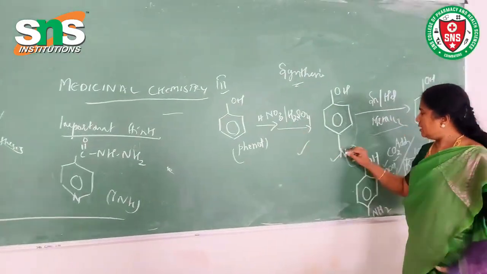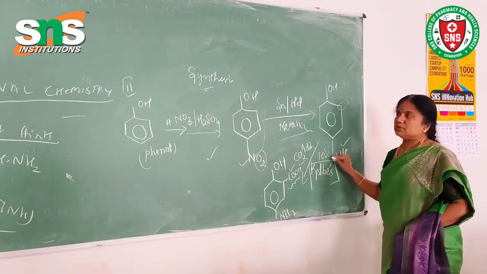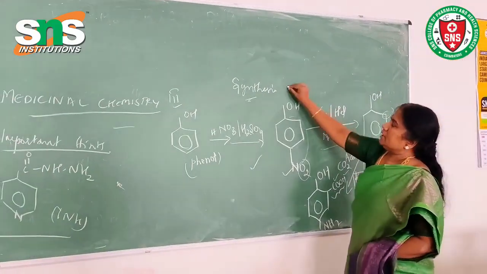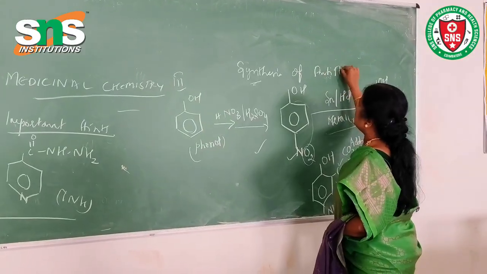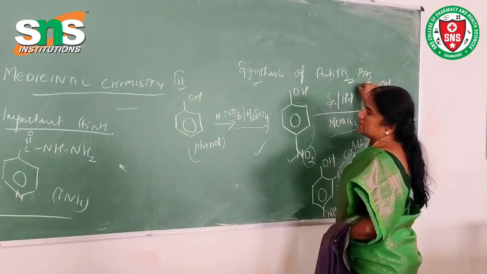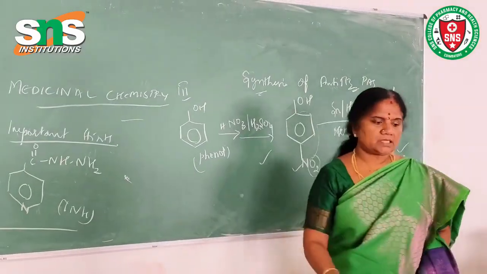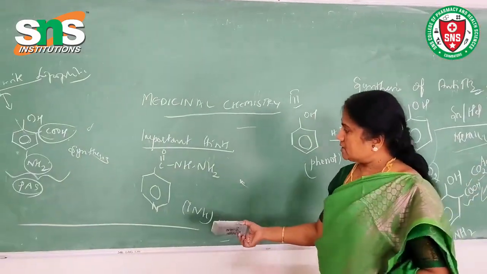So phenol, nitrophenol, aminophenol, addition of carbon dioxide. This is the synthesis of this antitubercular synthetic agent, PAS, para-aminosalicylic acid.